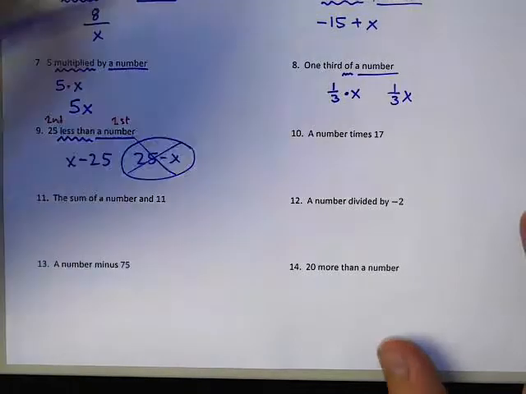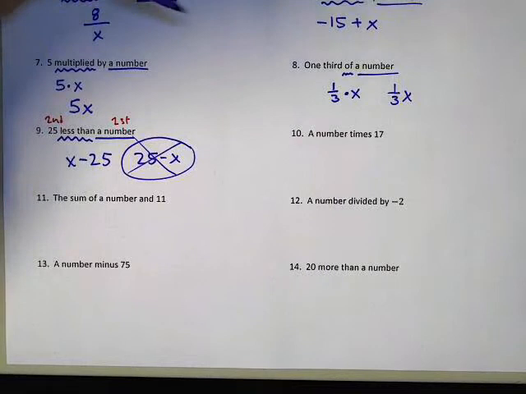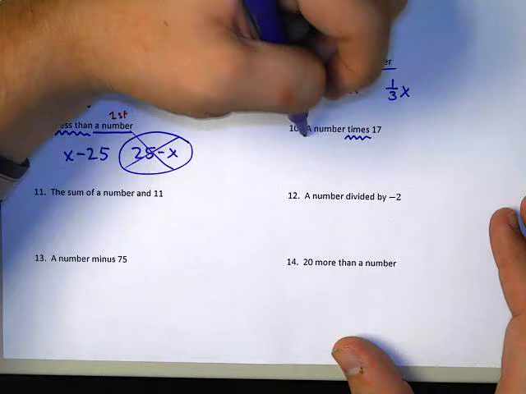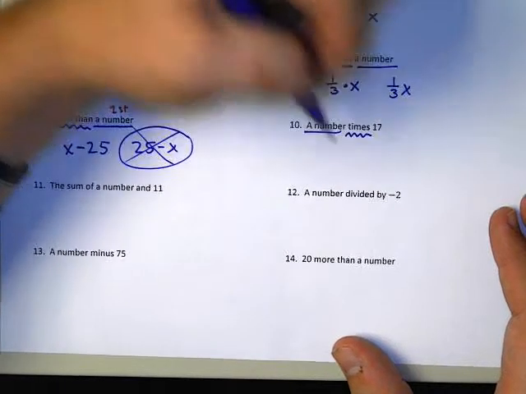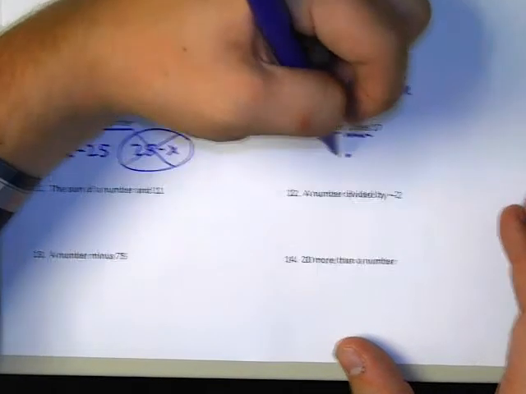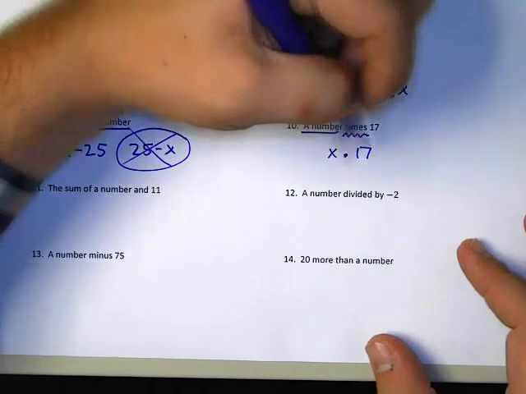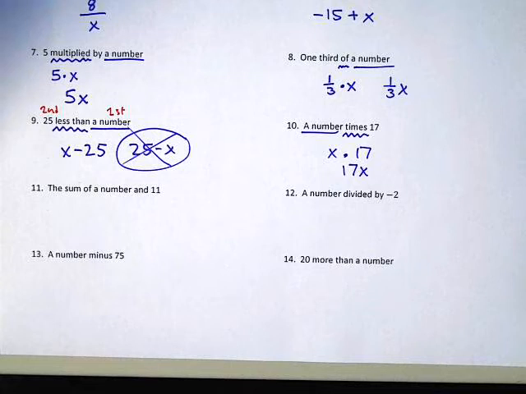Alright, let's try to get through these last few because I know I'm running long. A number times 17. Times, a number means variable, 17 is the value. X times 17, same thing as 17x.